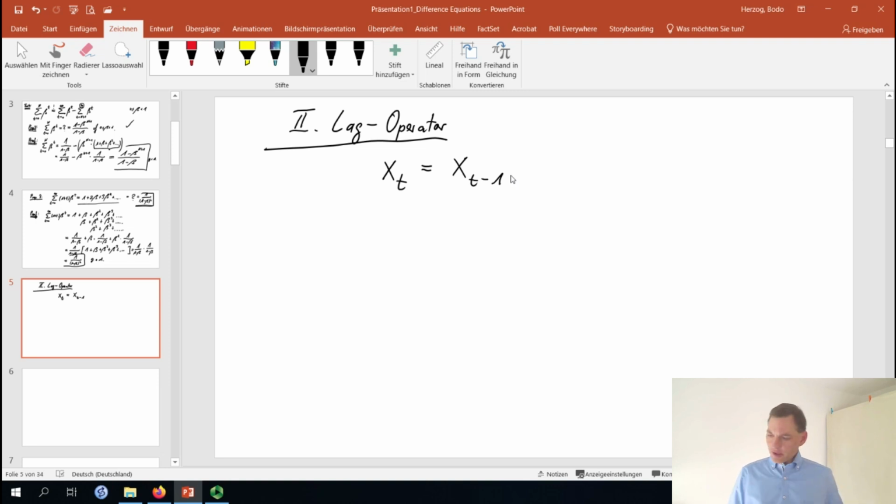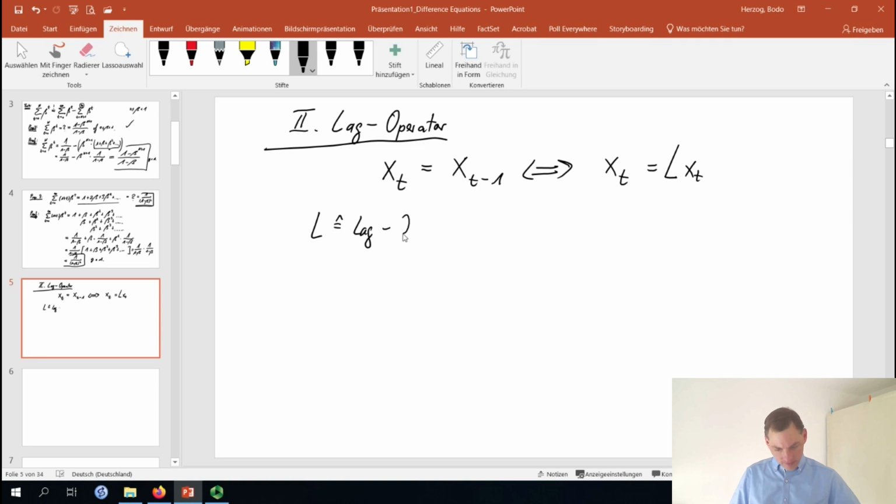Now we can rewrite this by using a so-called lag operator, and that is x_{t-1} is L x_t. So this L is what we call the lag operator. In principle, the lag operator of this x_t is defined as lagging my variable by 1 time unit.